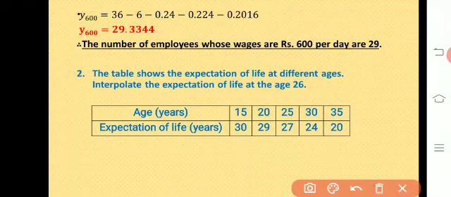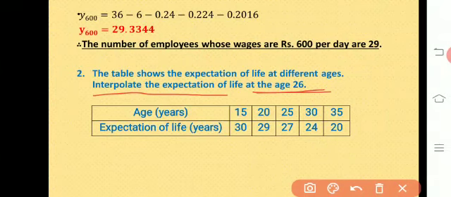Then come to the second question. The table shows the expectation of life at different ages. Interpolate the expectation of life at the age 26. You can observe here that the method is not mentioned. Solve this example by the binomial method or Newton's method, but by observing the data we will know which method is suitable.